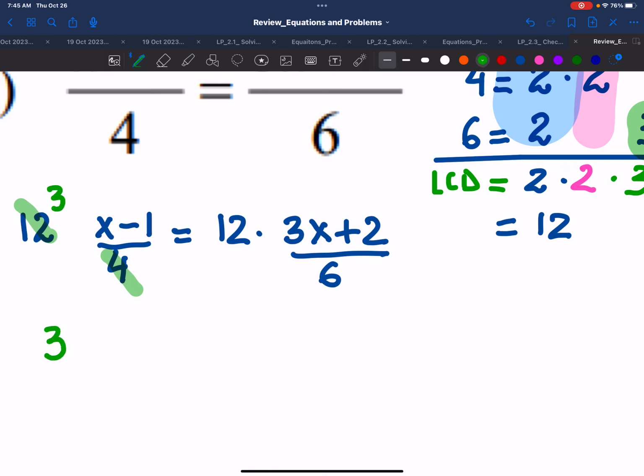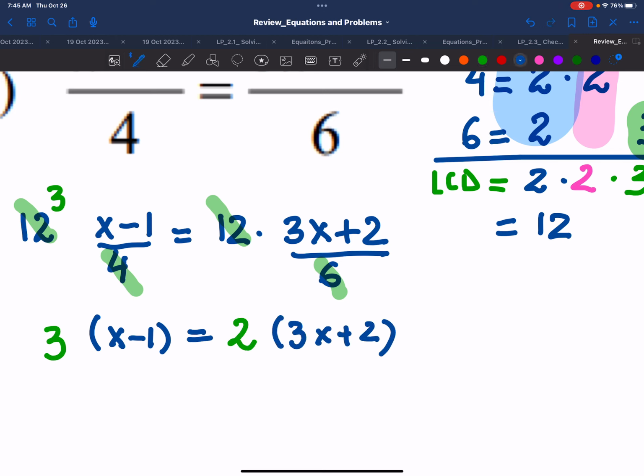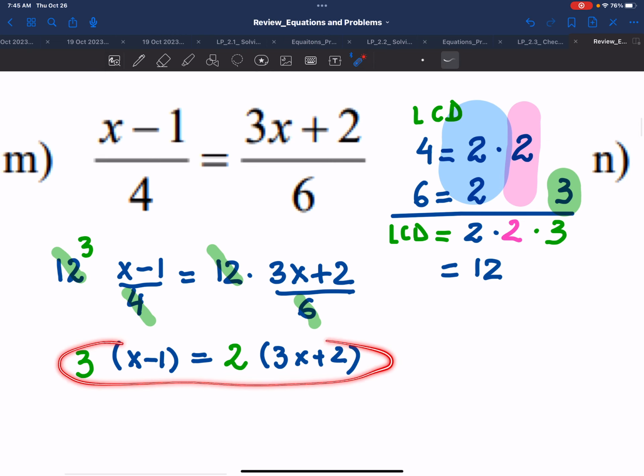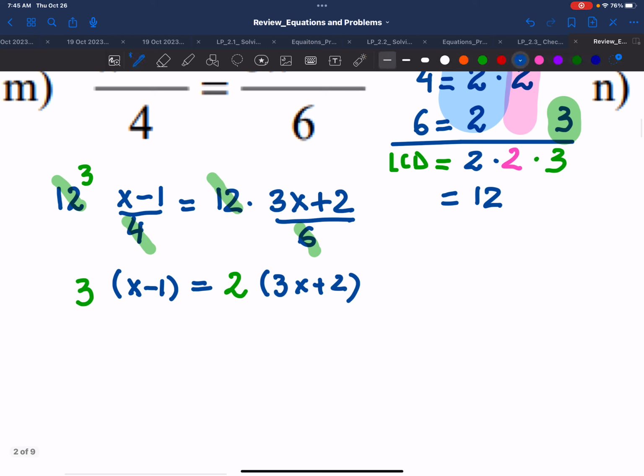So what that means is now we have the number 3 multiplying x minus 1. Similarly, 12 divided by 6 equals 2. So now we have the number 2 multiplying 3x plus 2. As you can see now, our equation is denominator free. So all we have to do is solve the equation just like a normal equation with no fractions in it.